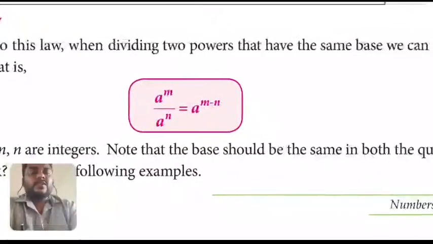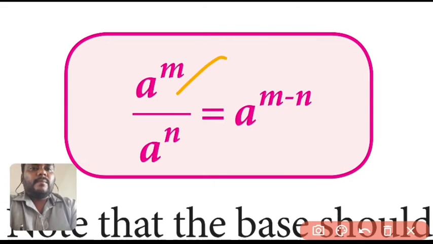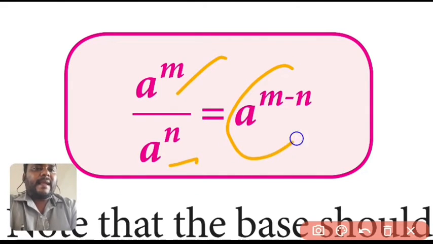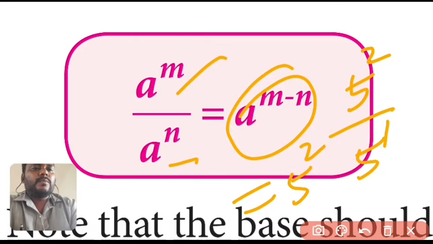Next, the quotient law. In multiplication we add the powers, in division we subtract the powers. So a power m by a power n equals a power m minus n. For example, 5 power 2 by 5 power 1 equals 5 power 2 minus 1.